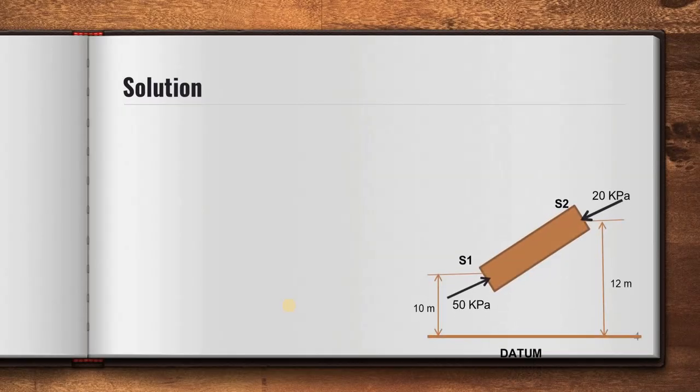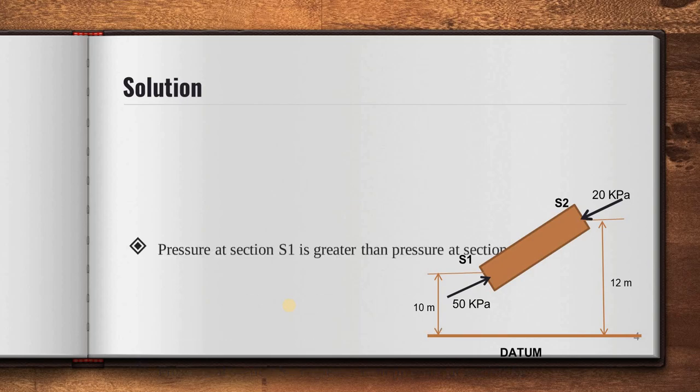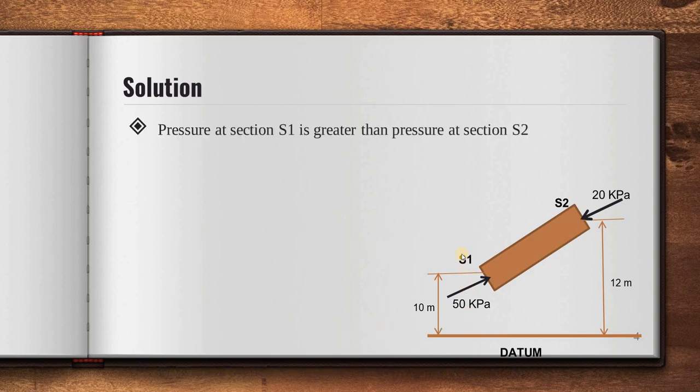So this is the diagram. The pressure at section S1 is 50 kilopascal and pressure at section S2 is 20 kilopascal. When we focus on this pressure difference between the two sections, S1 and S2, pressure at section S1 is greater than pressure at section S2.